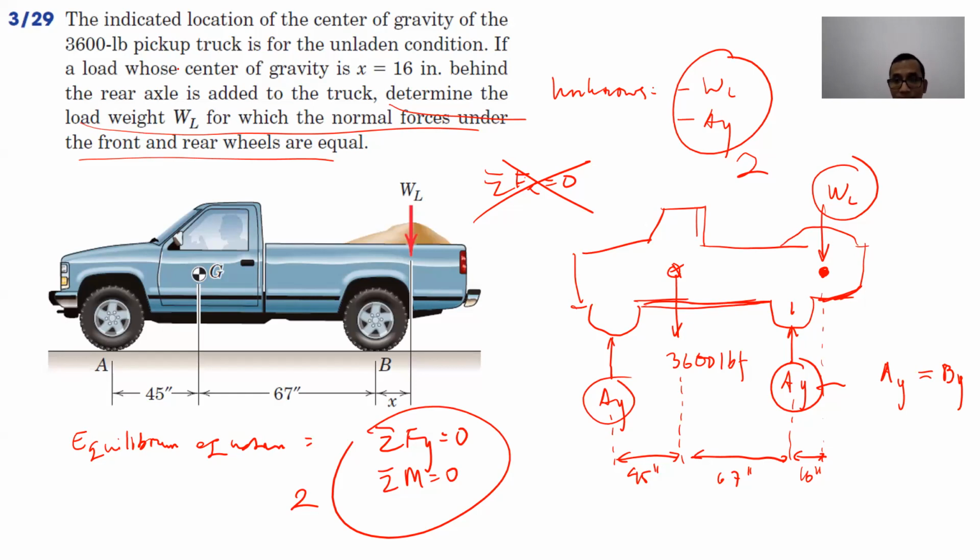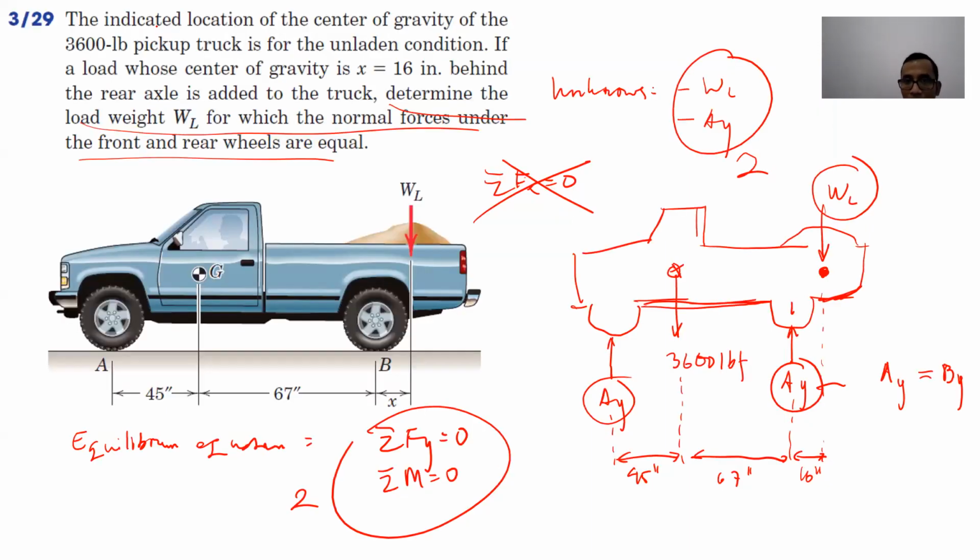Gaya apa saja yang ada di situ? Kalau searah jarum jam itu negatif atau positif? Negatif. Bebas, kamu bisa menentukan ini positif negatif dari awal. Bisa clockwise positif, bisa counterclockwise positif. Hasilnya akan sama aja. Asalkan konsisten, ya.